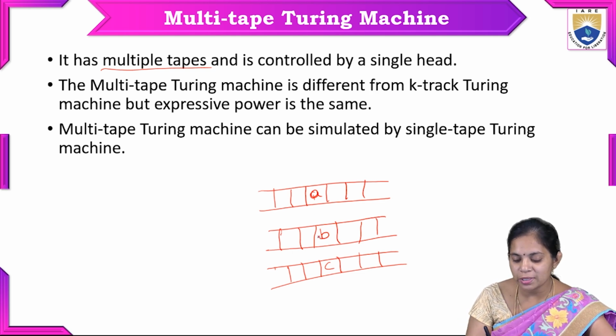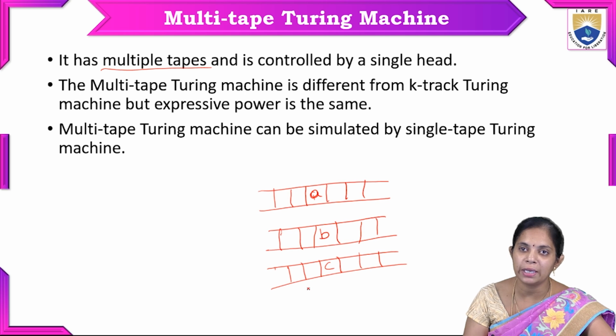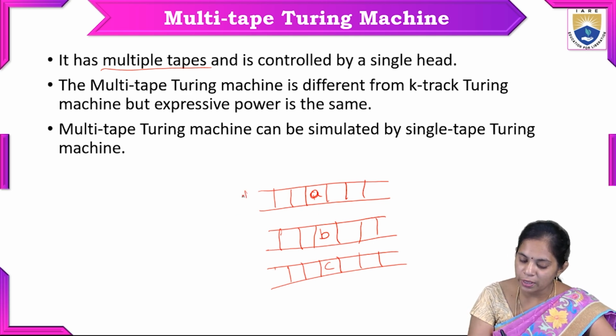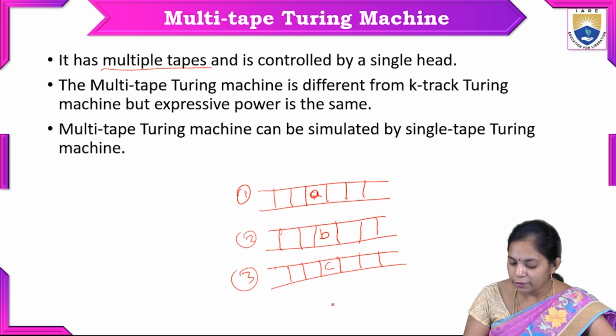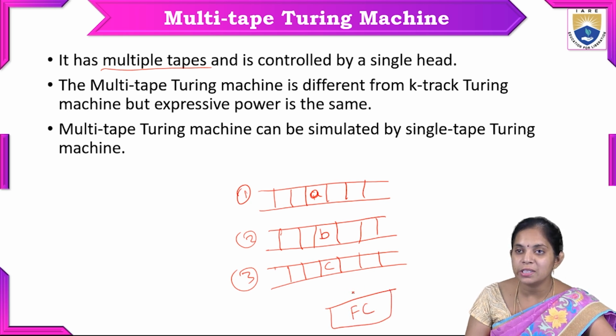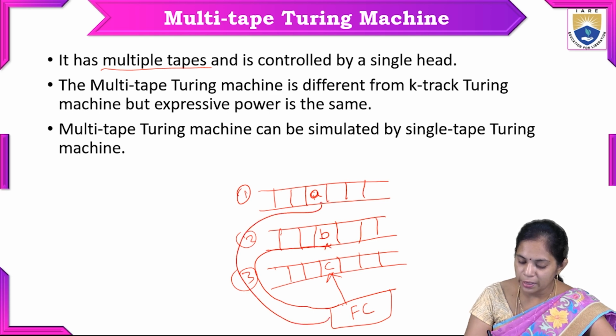We could also have the same input on the different tapes, but to make a variation we are taking different input values. Here is the first tape, the second tape, and the third tape, and the finite control is connected with tape 1, tape 2, and tape 3.